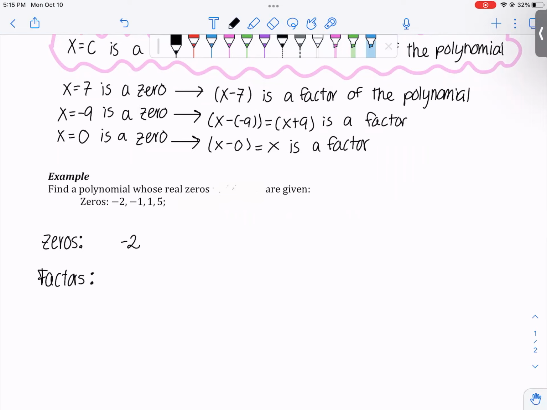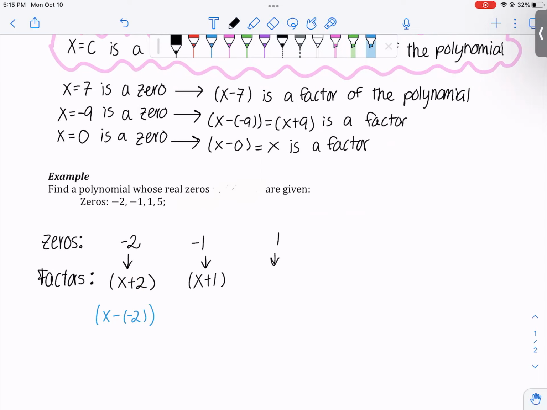So if you have negative 2 as a zero, its factor is x plus 2. Again, that's because we would be doing x minus negative 2, and that would simplify to a plus. And then we have negative 1. If negative 1 is a zero, x plus 1 is a factor.